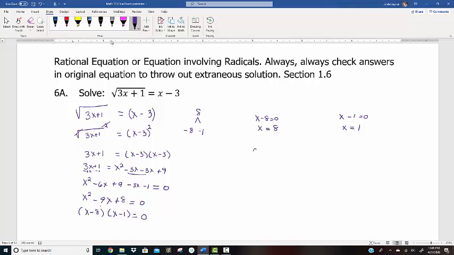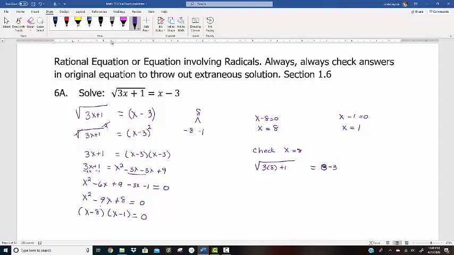So that's two possible answers. But to be sure, I must check each answer. So let's check x equal 8. So we're going to put it into our original equation up here. So I'm going to have the square root of 3 times 8 plus 1 and see if that equals 8 minus 3.